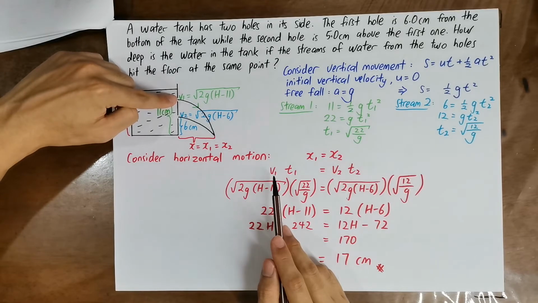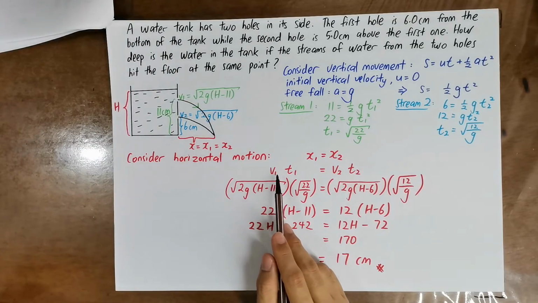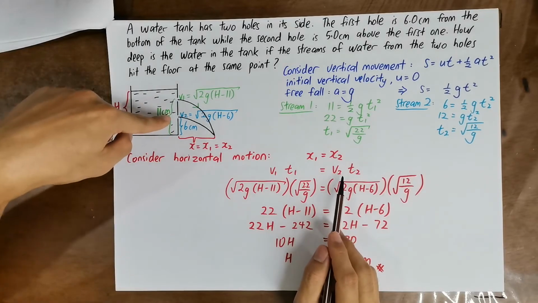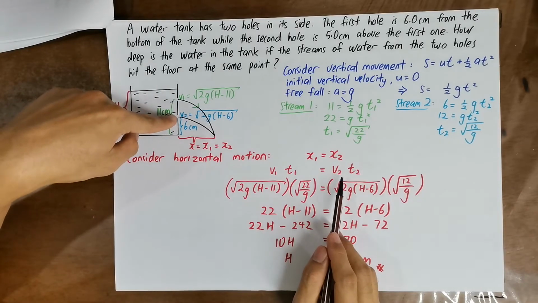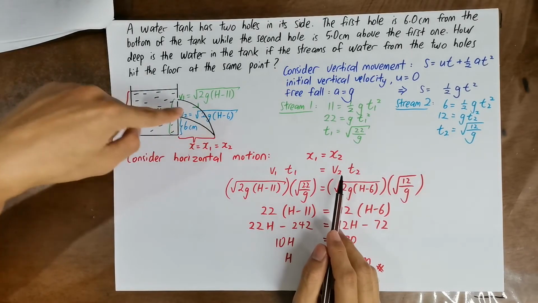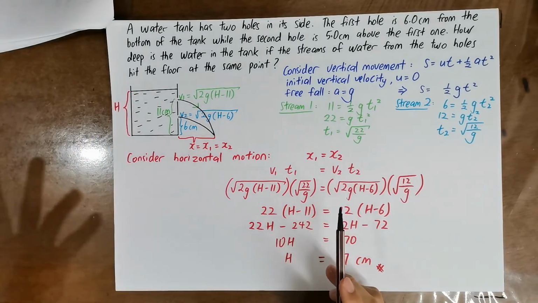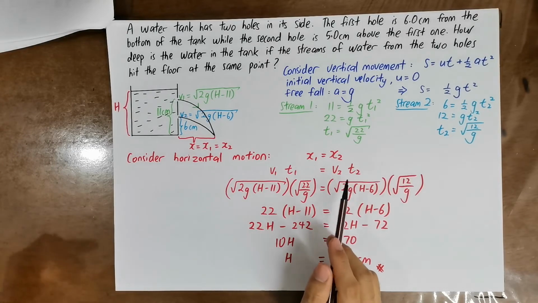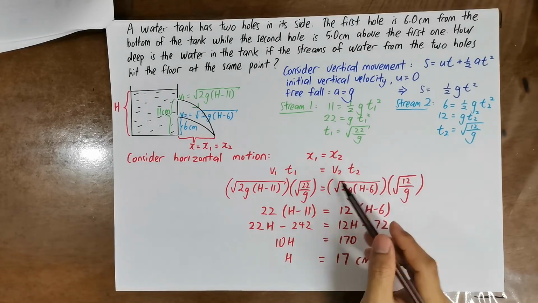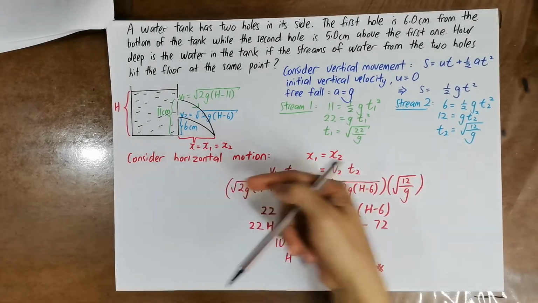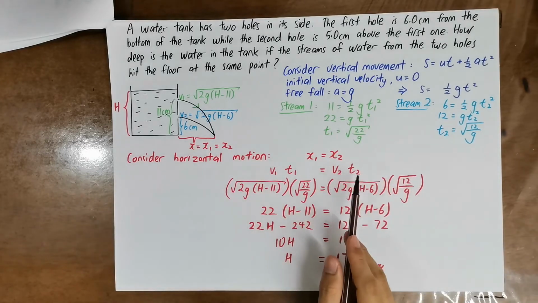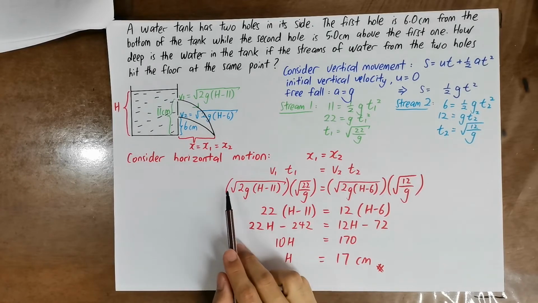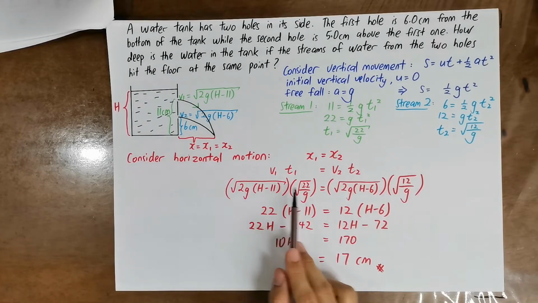And v2, which is the horizontal velocity of this water stream, is also a constant, because you assume that there is no air frictional force, so there's no force acting in the horizontal direction. And you know v1 and v2 because you have already derived the expression.